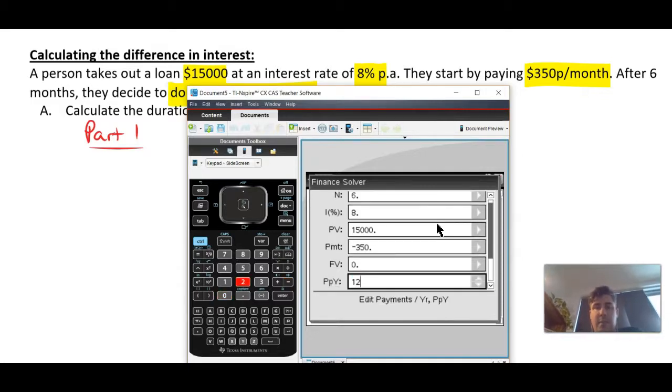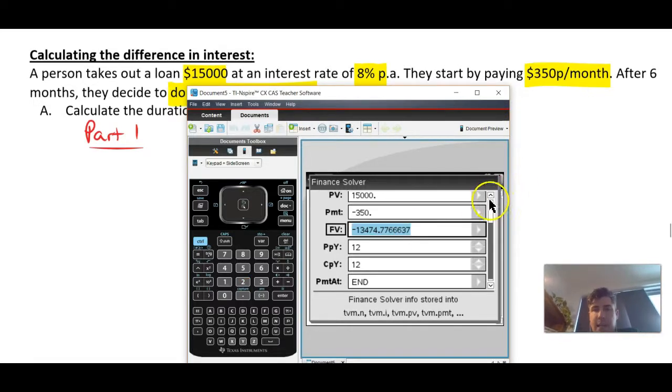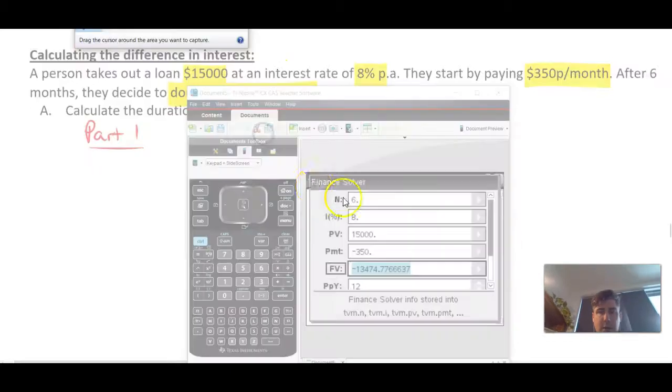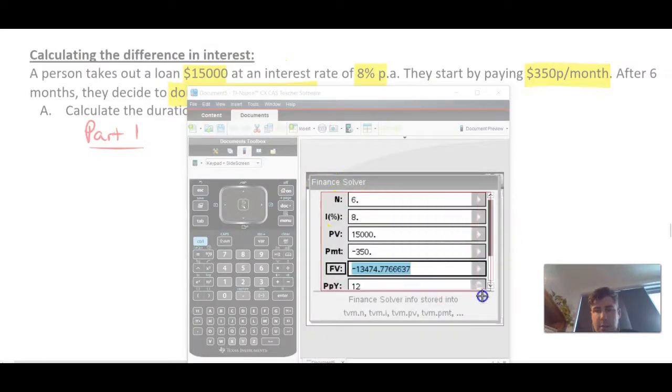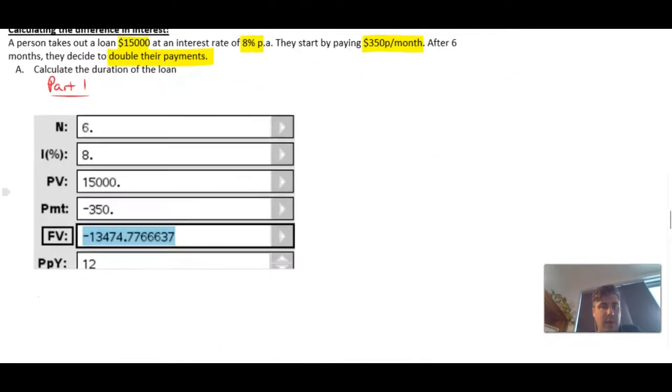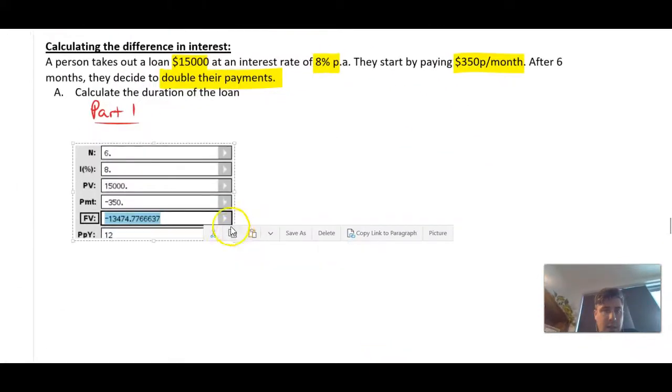And we put the PPY and the CPY as 12 because it's a monthly scheme. And then we leave FV as blank, and that will tell us how much is owing at the end of the first part. So I'm just going to copy that into our workings. Okay, so the answer for that part, 13,000 left.